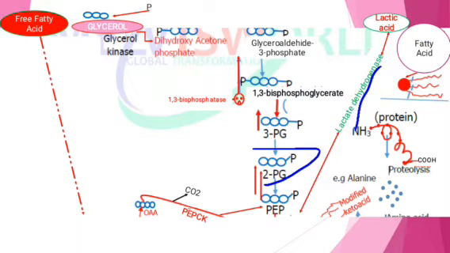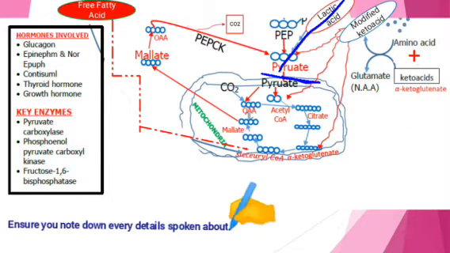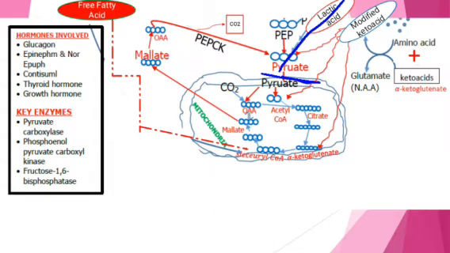Pyruvate is converted to lactic acid, but this step is a reversible reaction. So lactate dehydrogenase can easily convert it back to pyruvate when there is demand for glucose formation.